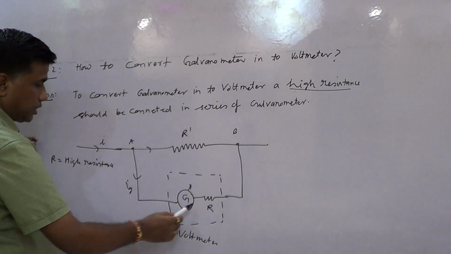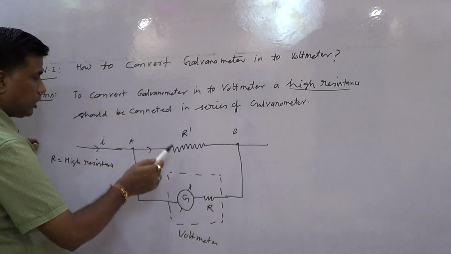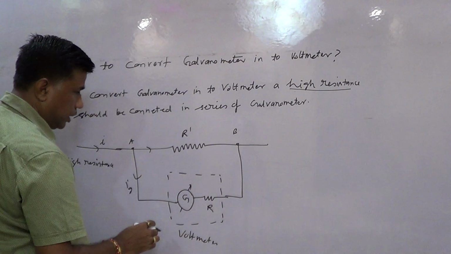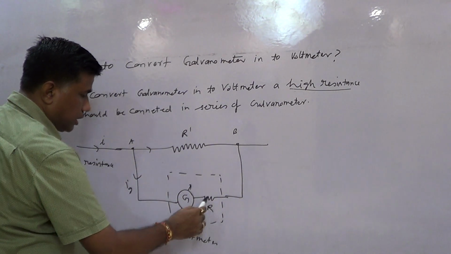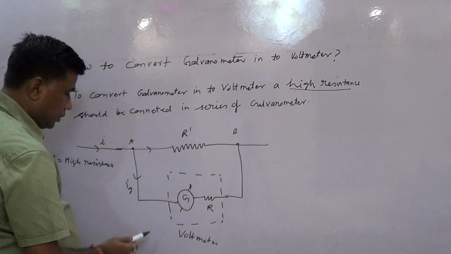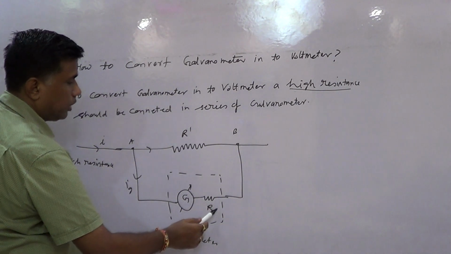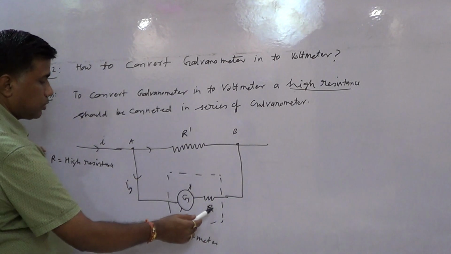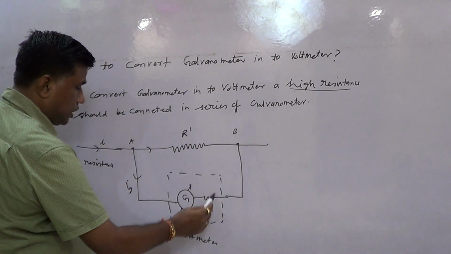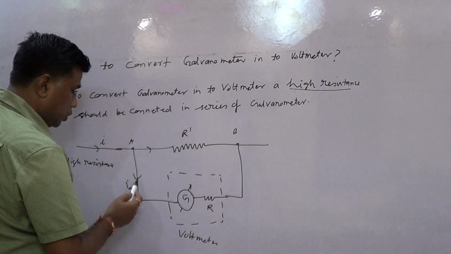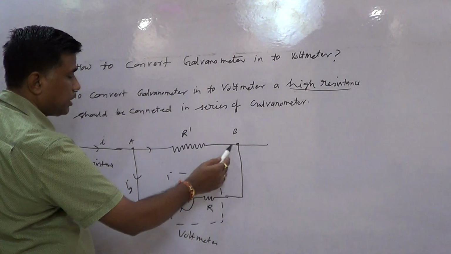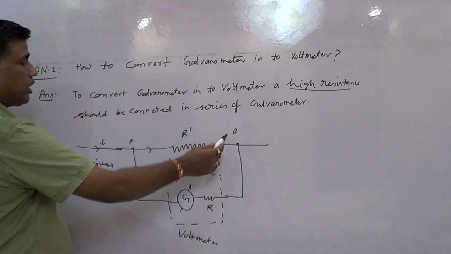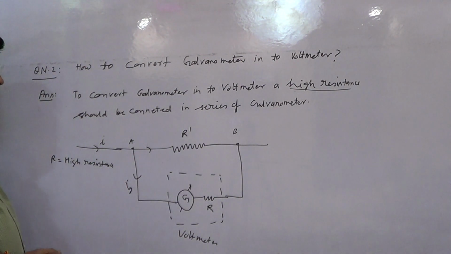Student, where resistance is more, the value of current is less, and where resistance is less, the current is more. So this resistance R is big, so the value of current through here will be very small. Don't look at the size in the drawing, think according to what is written. This resistance has higher value, so a very small current will pass through this resistance. Most of the current will pass through this R dash, across which potential difference has to be measured.